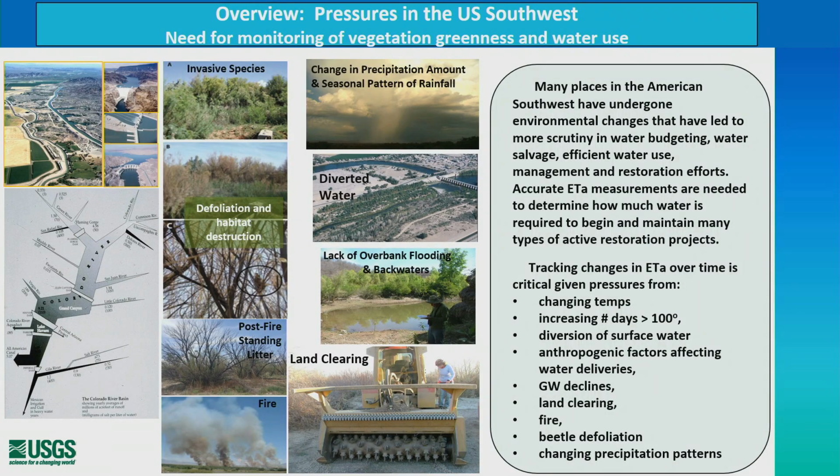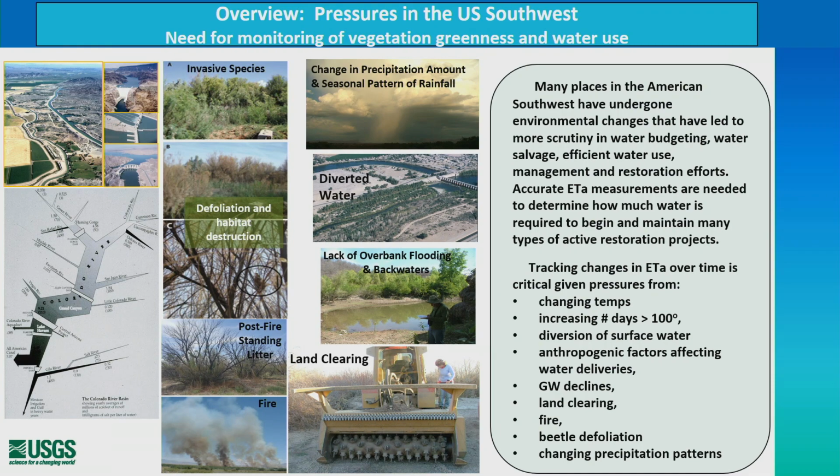And I'll just tell you a little bit about, we all know about the damming and altered rivers and partitioning between environmental uses and human uses. And one of the reasons to look at these changes in actual ET over time is because of the changes in precipitation and seasonal patterns, the diverted water, the overbank flooding that is needed to germinate native seeds.